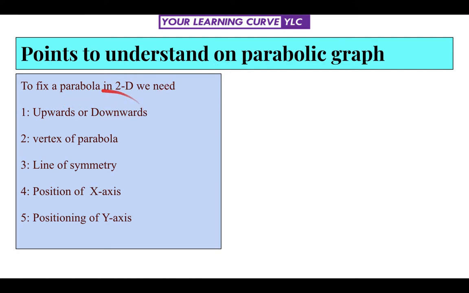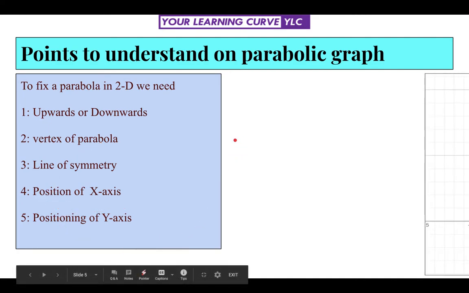First of all, you need to decide whether the parabola is upwards or downwards, means whether the parabola is opening up, that is starting from plus infinity going to plus infinity, or opening downwards, that is starting from minus infinity going to minus infinity. Then the vertex of the parabola, line of symmetry, and position of x-axis and y-axis with respect to the parabola.